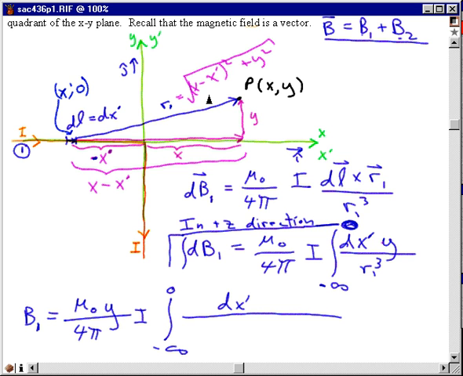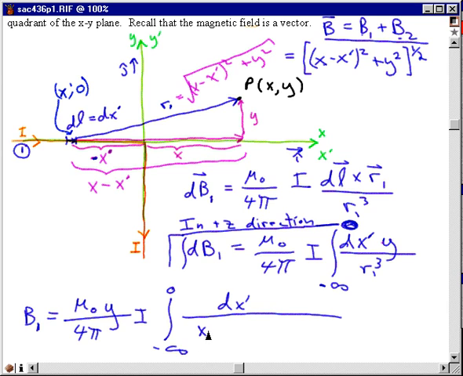I've got an expression for R1 up here. I could write that instead of square root, raise it to the 1/2. In fact, let's do that. That's x minus x prime all squared plus y squared, all to the 1/2, and if I cube that, that would be multiplying this exponent by 3, so I have the same thing raised to the 3/2.